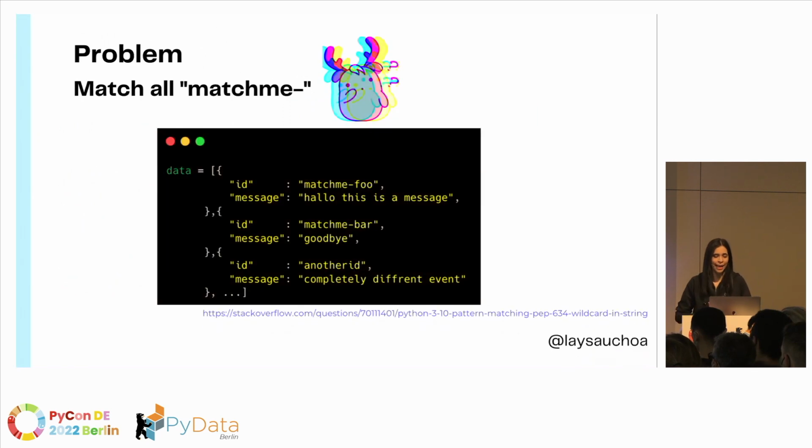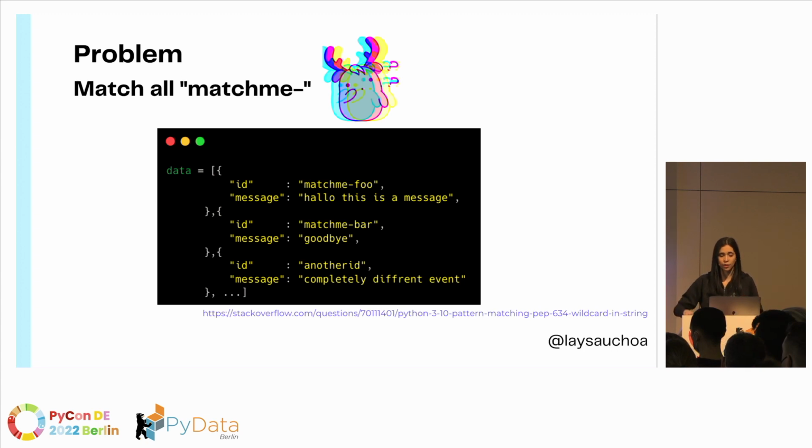This is a problem I found on Stack Overflow. I really like this problem, so that's why I bring it here. The person wanted to understand: I have all these dictionaries, and one of the keys is called ID, and I have matchme, matchme-full, matchme-bar, and so on.